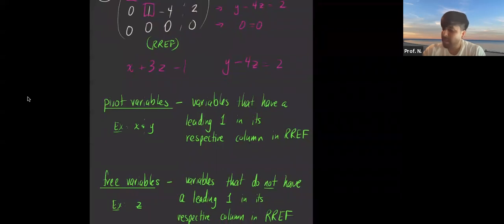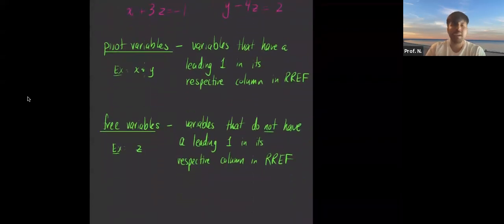And then you may say, but what does free and pivot mean? Maybe think of pivot as something fixed. X and Y are in a way fixed whenever Z is chosen. What do I mean by that? Look at the first and second equations.